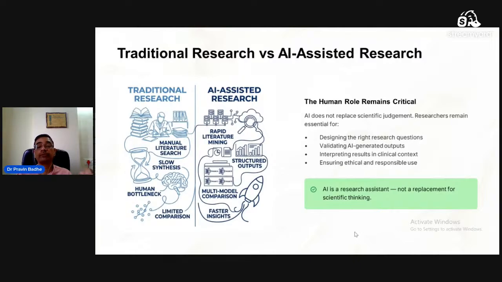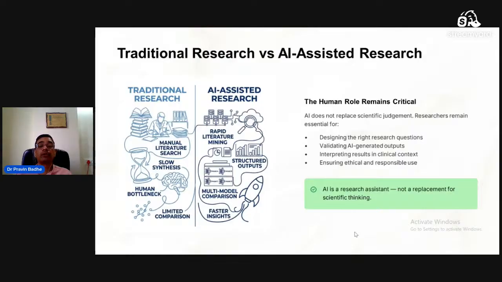It has to come from the human. So a validated research question needs to be given to the AI, so that it can generate an output which will be useful for human beings to take the product to market and also develop the research. But that validation needs to be done by the human researchers.